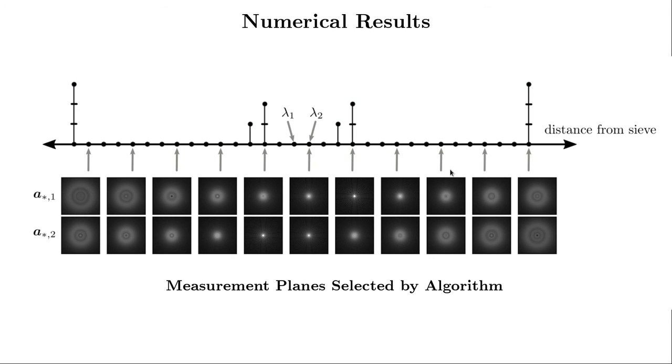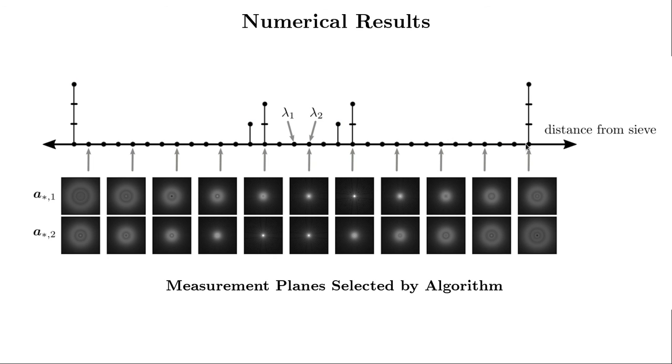This is the set of measurement locations that was chosen by the greedy algorithm for the reconstructions shown on the previous slide. This is the distance from the sieve, and the height of the bar represents the number of measurements made at these particular candidate locations.